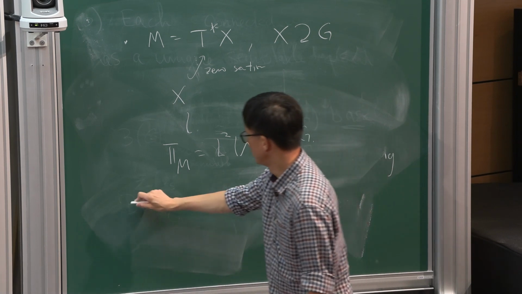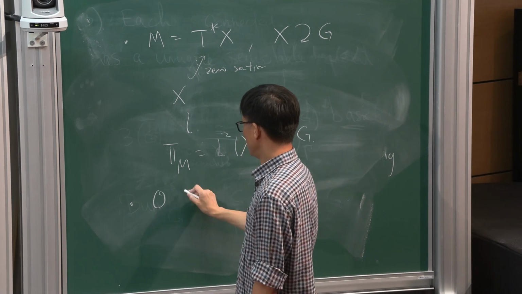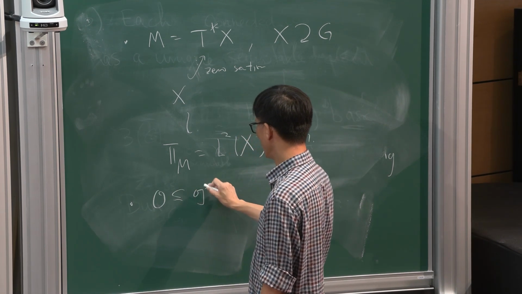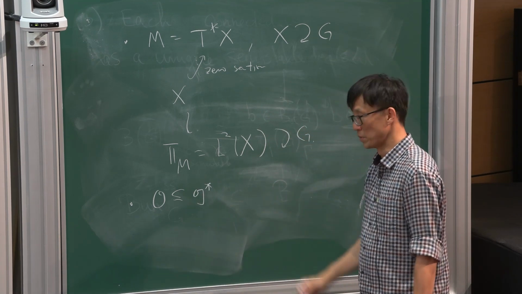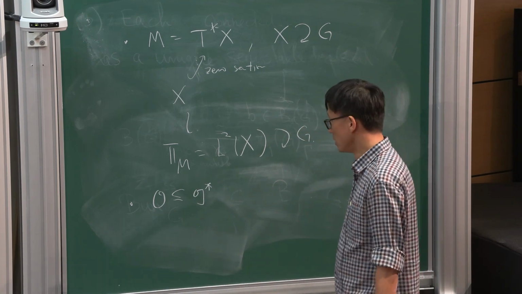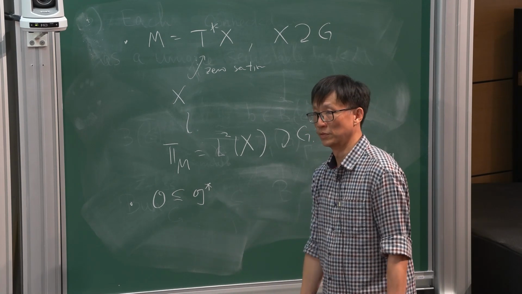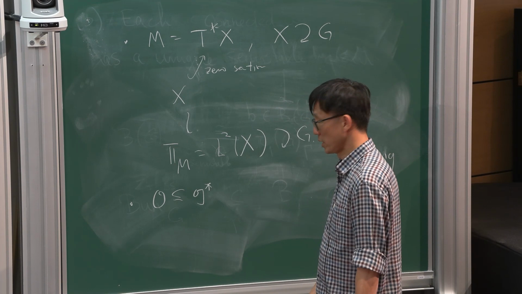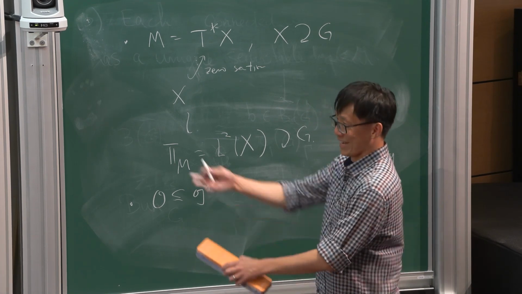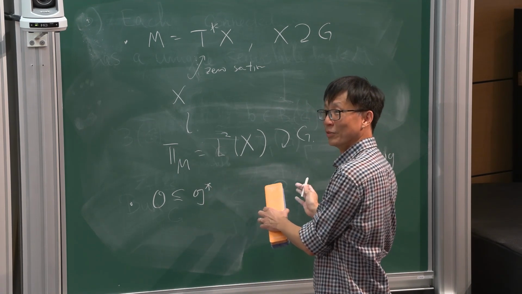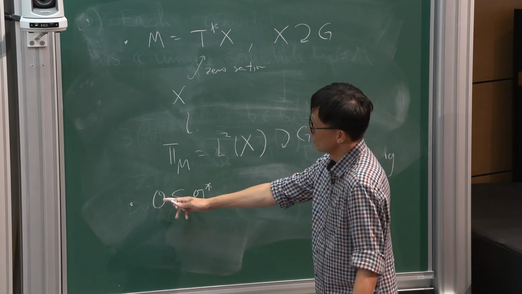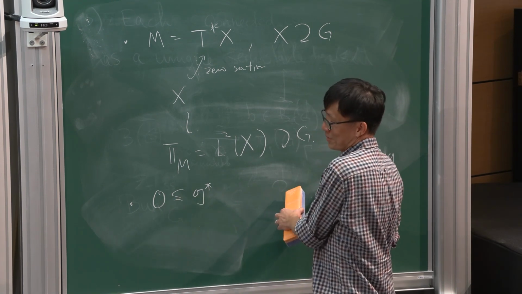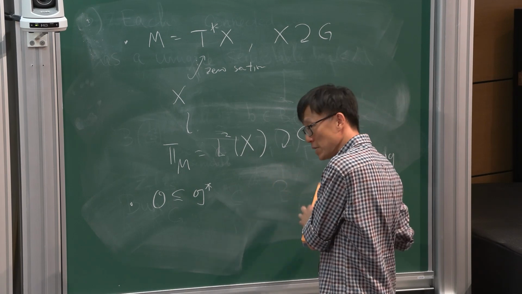Okay, so maybe just to give one last example, if you have a co-adjoint orbit, an orbit inside the dual of the Lie algebra, it has a natural structure of a symplectic variety. And so one expects that one should associate a unitary representation. Because it is homogeneous, it's one orbit, we expect the representation to be irreducible.